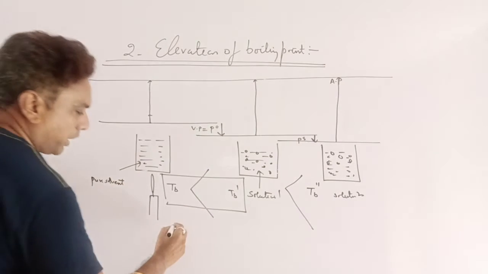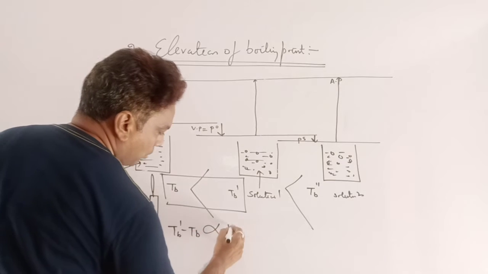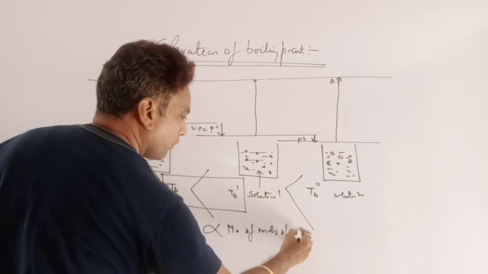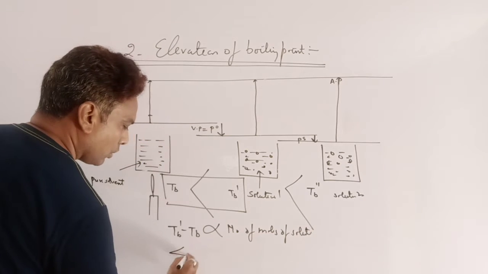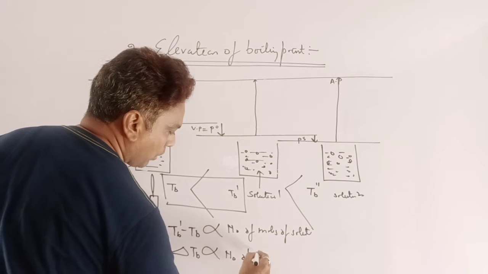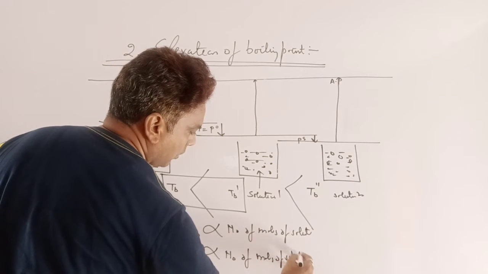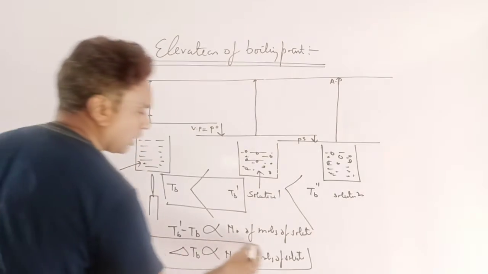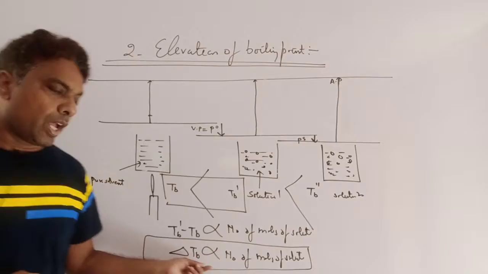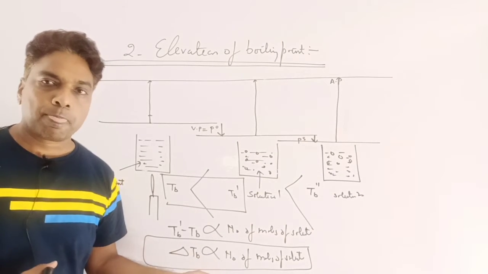The increment in boiling point, which is Tb dash minus Tb, is directly proportional to the number of moles of solute. So we can write delta Tb is directly proportional to the number of moles of solute. So it is a colligative property. So elevation of boiling point is also a colligative property.